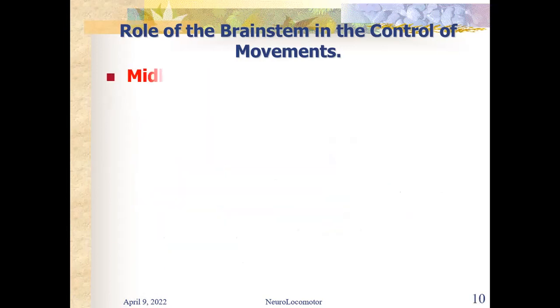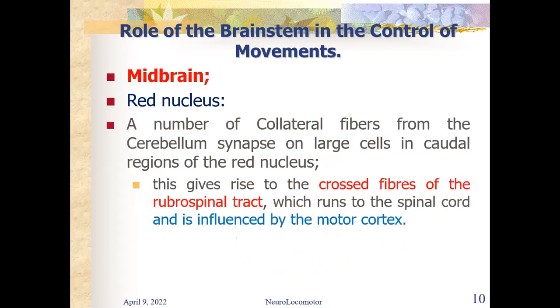So what do we have again? The red nucleus, still on it: a number of collateral fibers from the cerebellum synapse on the large cells in the caudal region of the red nucleus. Excuse me. Already I talked about this. Efferent fibers arising from the cerebellum might also send collaterals to the red nucleus.